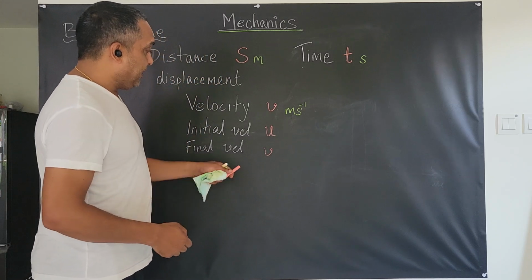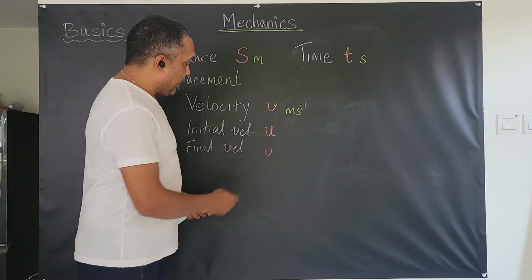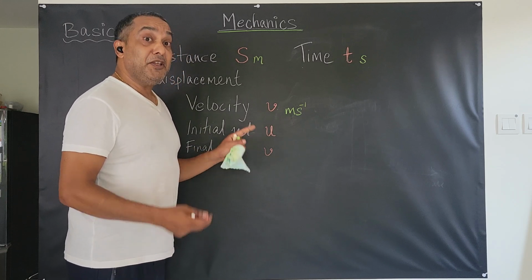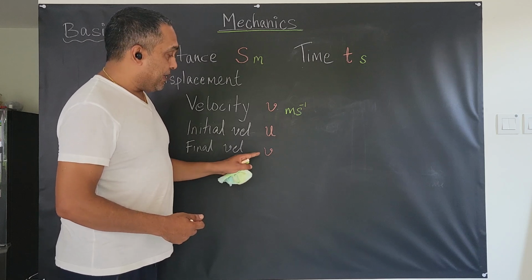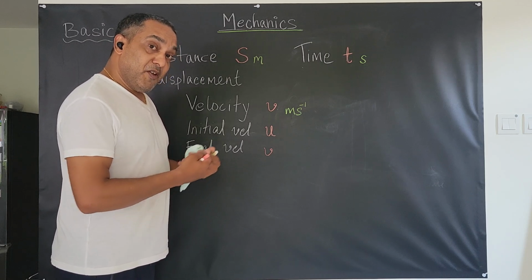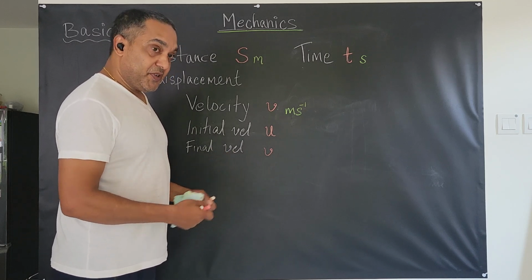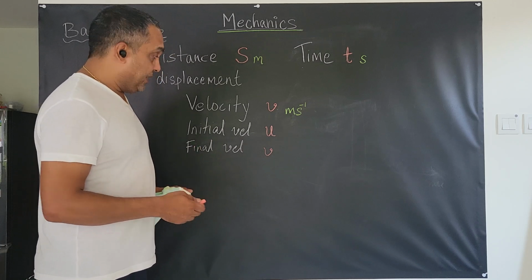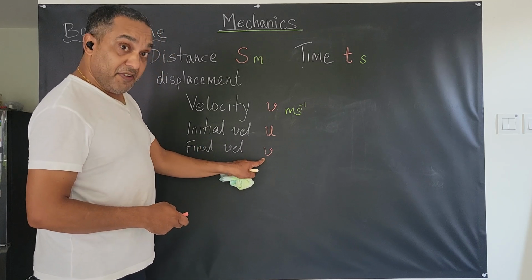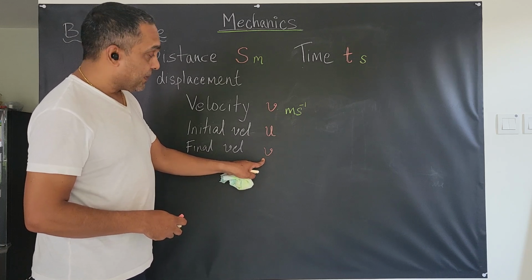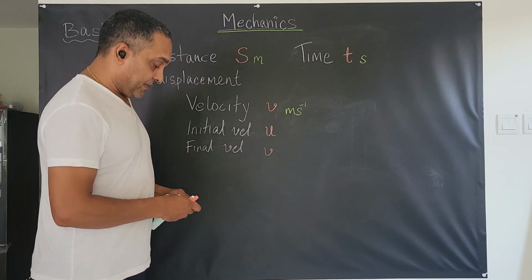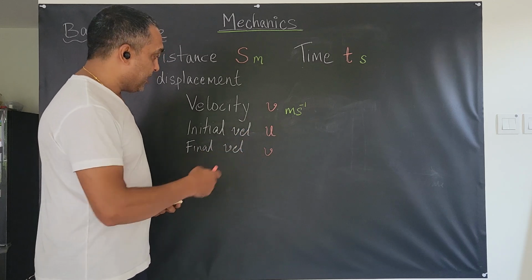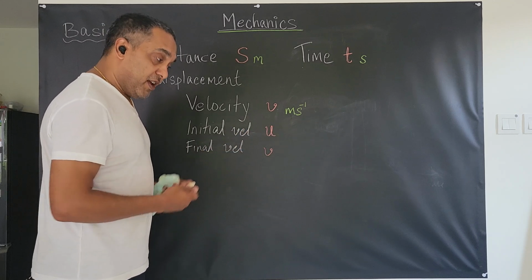So if you were traveling at u meters per second, and then for some reason you've now moved to v meters per second, the change of velocity, if you consider a derivative of velocity with time, so let's say in 10 seconds you increase your velocity, that means your velocity has gone up.